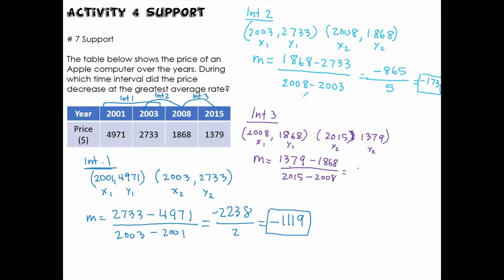So again, we see that it's continuing to decrease. And 2008 to 2015 is 7 years. So then I'm going to just divide that by 7. Oh, my first non-integer number, I should say.